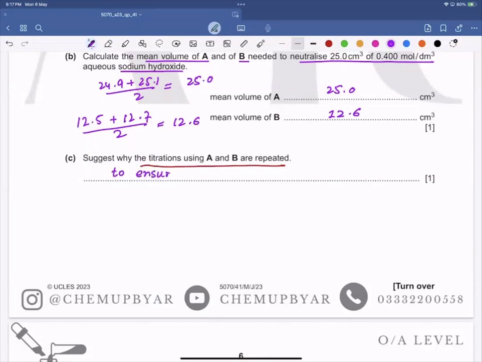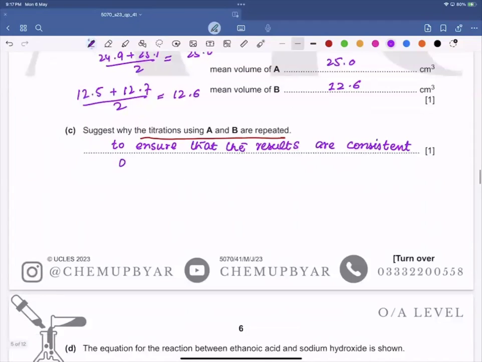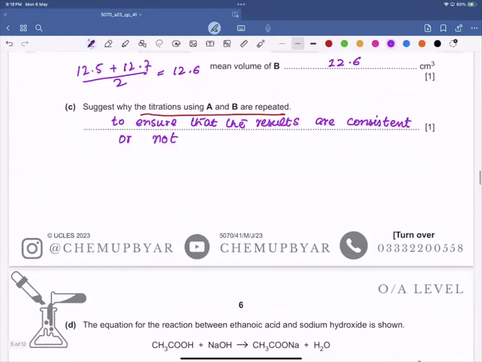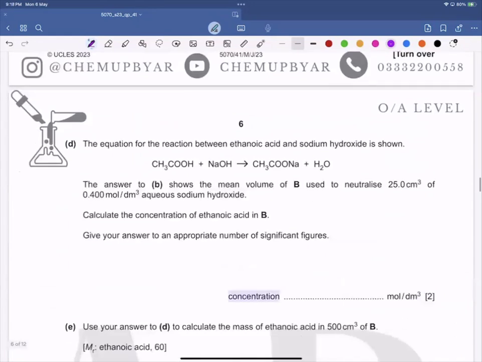To ensure that the results are consistent or not. Not an accurate answer, but a precise answer. So we just check the consistency.